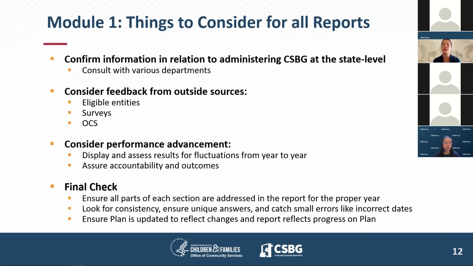This year we would be looking for 2020 when you mean 2021. And before you do anything, you should make sure that your plan is up to date. So if you have a de-designation, or if you've had a switch in eligible entity, or you've switched some of your CARES Act budgeting, you want to make sure that your plan reflects that so you can be reporting out on the proper thing.